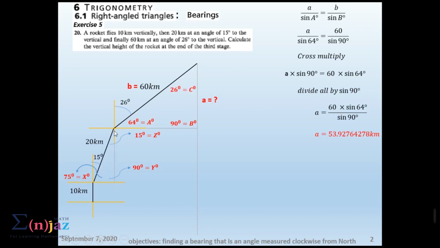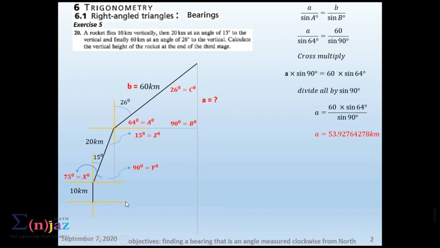Now, this side here is known as 20 kilometers. And I am trying to find the vertical side because here I found this distance from here to here, and now we're going to find this distance from here to here, and this distance is already known.